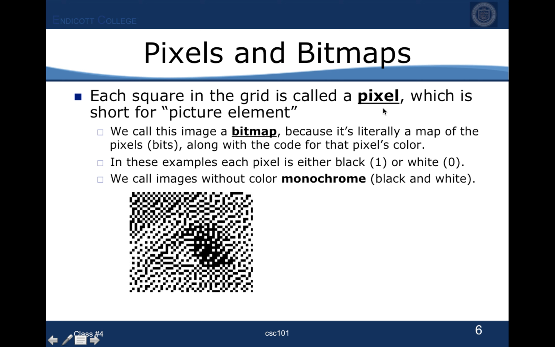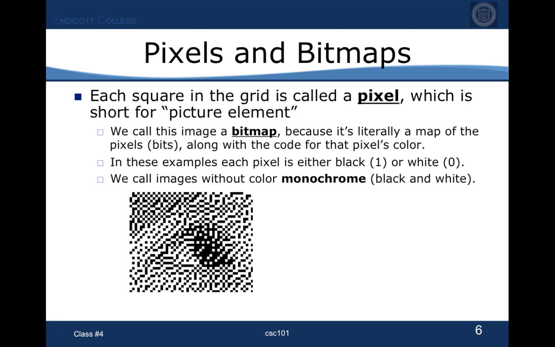A pixel is literally just a shortened expression for picture element. All that means is that it's a box. If this is an image, even though it doesn't look super fantastic, each of these little squares you see is a pixel. There's a gray one, there's a white one, and so on. Those are all pixels.